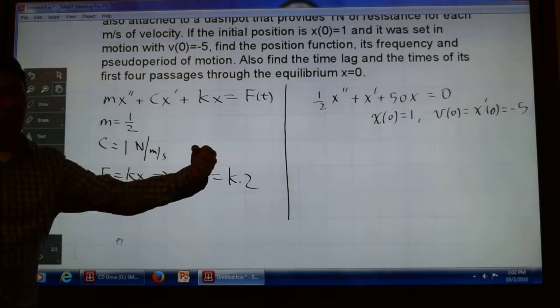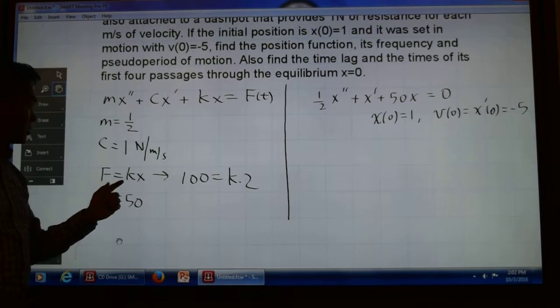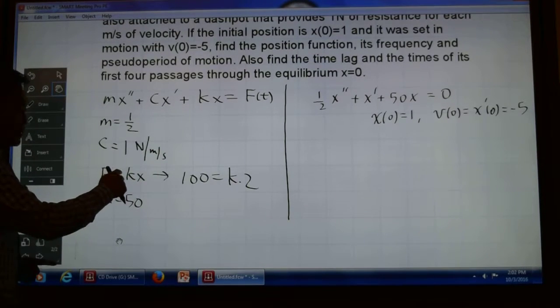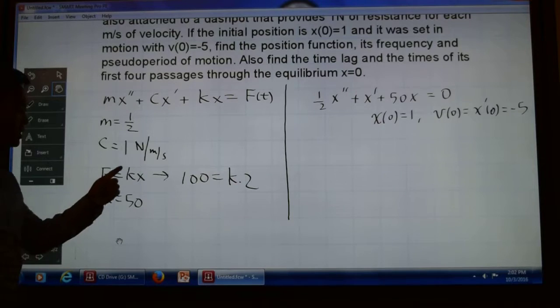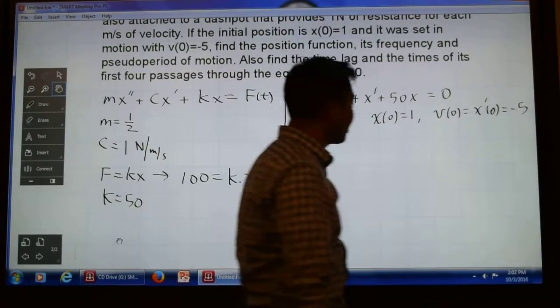Then x is positive 2, and you actually have a negative kx, and the negative and negative cancel, and you get the same value of k. But when you're just trying to find the value of k, you can just get rid of the minus signs and just plug in the values.